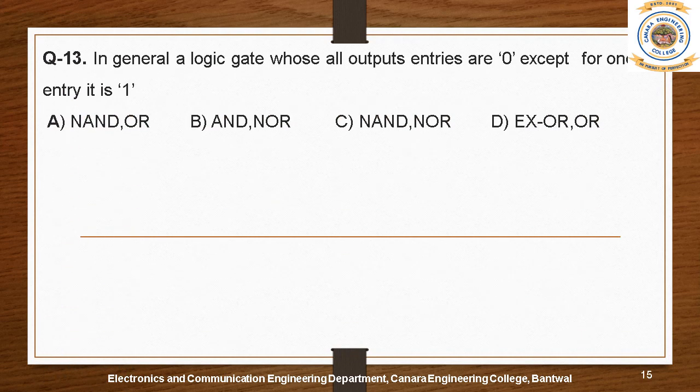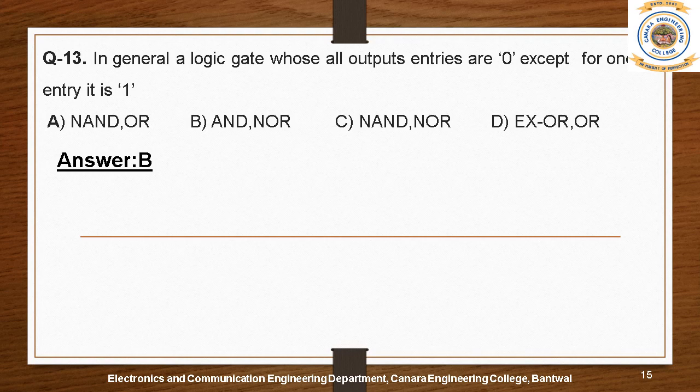In general, a logic gate whose output entries are all 0 except for one entry which is 1. You identify. Answer is B. So, all output entries are 0 for AND except one entry, that is 1 and 1. NOR is only NOT of OR.